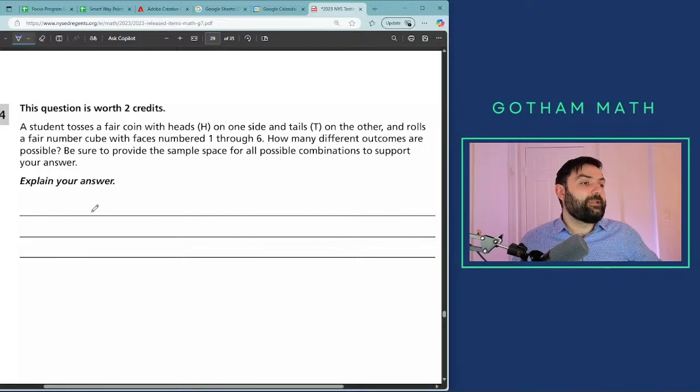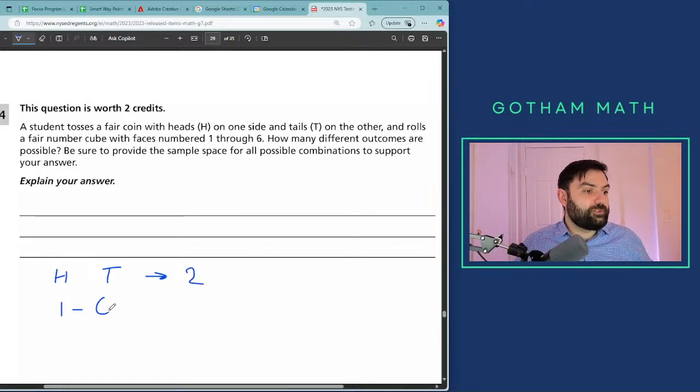So it's interesting, we're going to have to list all the possibilities. It goes like this. We are going to multiply the number of possibilities between heads and tails, so H and T, which is 2 possibilities, and 1 through 6 on the cube, which is 6 possibilities.